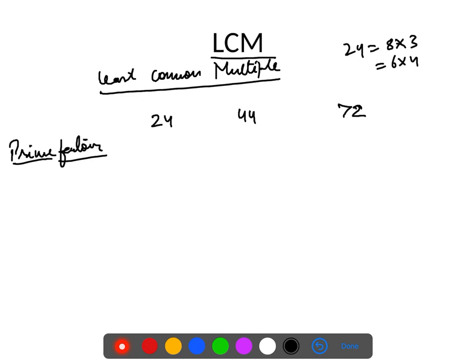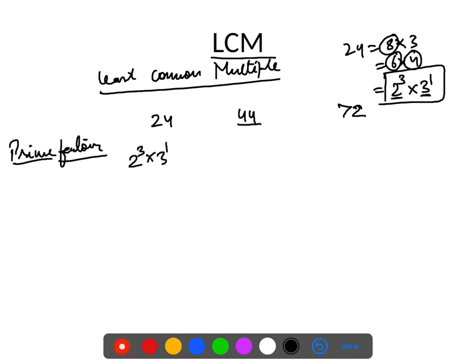But in 8 and 3, 8 is not prime, and in 6 into 4, both are non-prime. So 8 can be written as 2 cube and 3 as 3 raised to power 1. So 2 and 3 are prime numbers, that's what we want, okay? A number is supposed to be broken down into prime factors. So 24 is 2 cube into 3 raised to power 1.